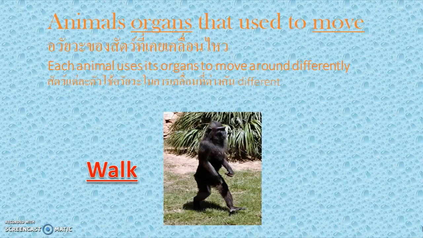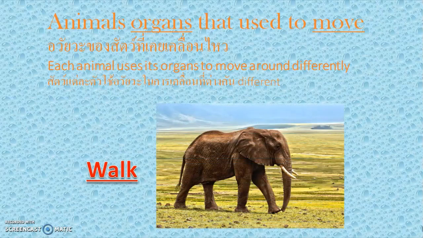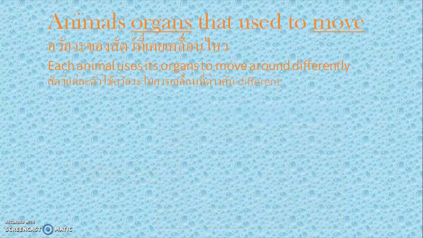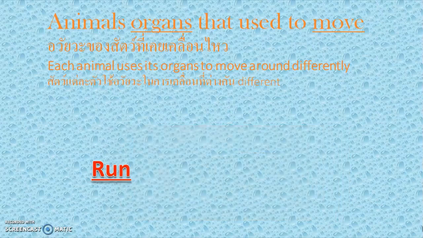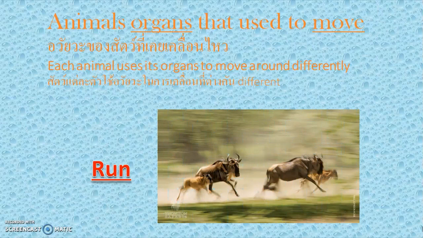Kind of a monkey. It looks like a gorilla, a small gorilla or something. Yes, they walk using their legs. And the elephant too, the elephant can walk using their legs. And to run using their legs also. Yes, the dog is running and the buffalo is running using their legs.